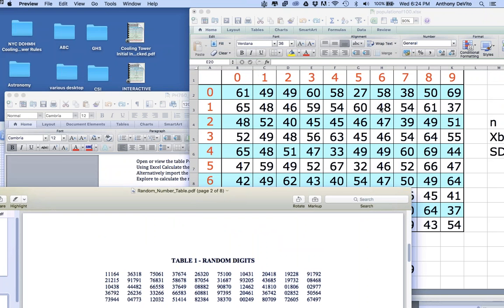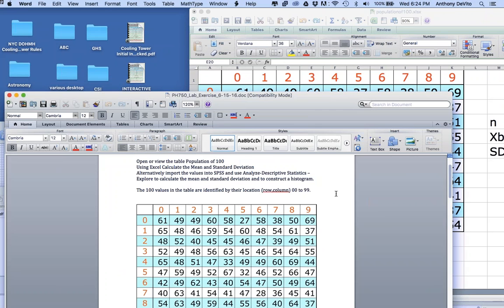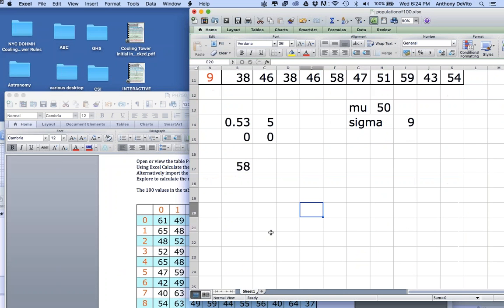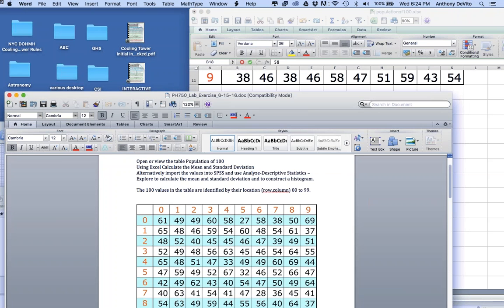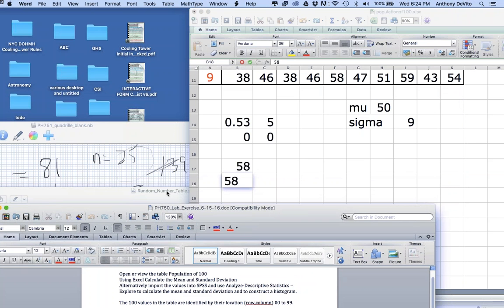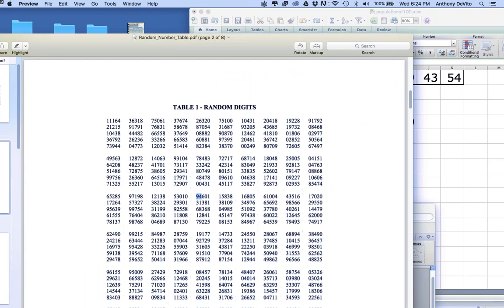Column 0 would be 58. So that number is 58 also. Coincidence. And the next one is going to be 1, and I'm going to carry it across, 1, 1.